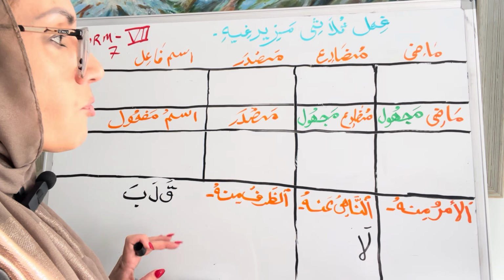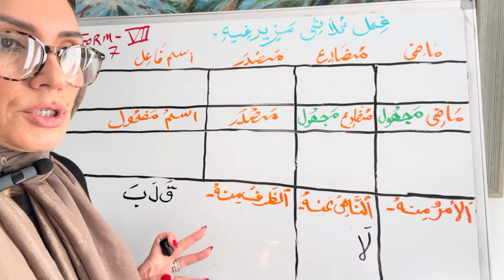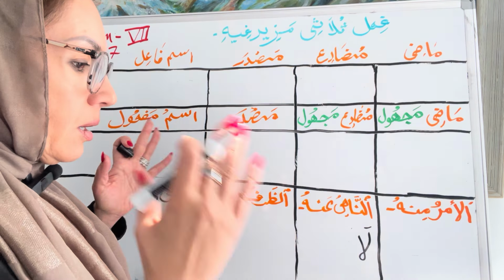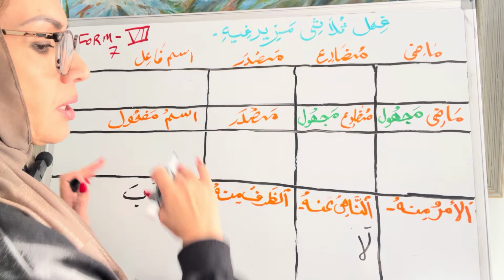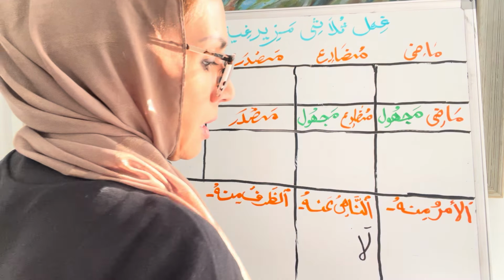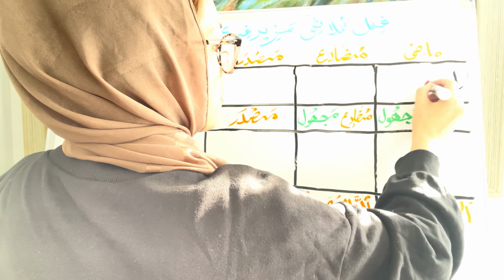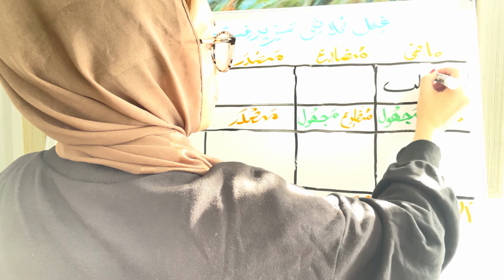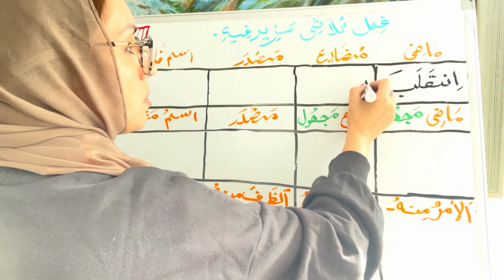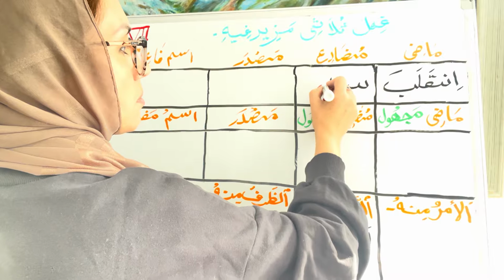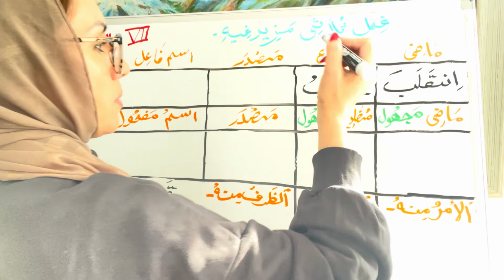And in this form, just keep one thing in mind, that this form, Form 7, does not have the majhul version. It just doesn't. So it has only the Madi and Mudari. So we'll just go ahead and write that down here. So we have inqalaba, yanqalibu.